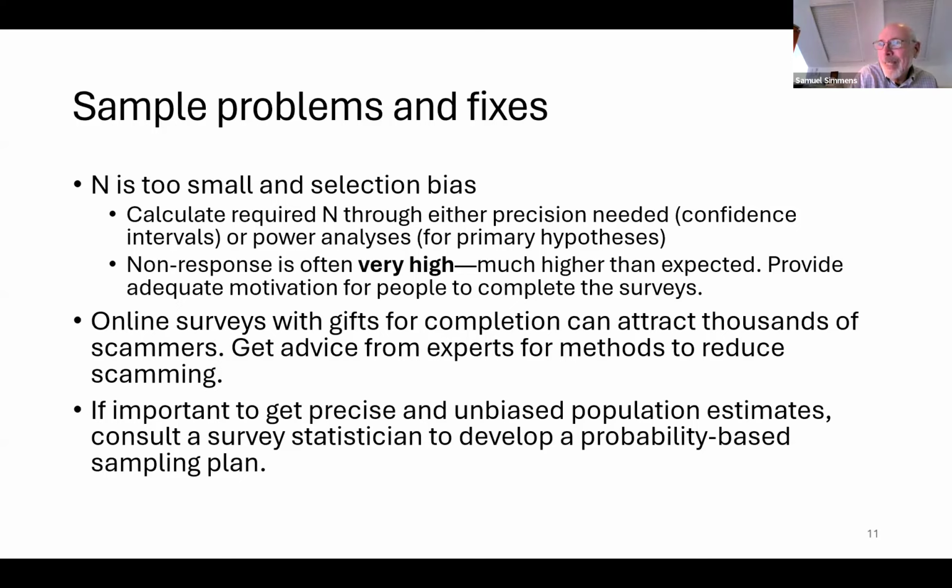And if you do need a population-based, unbiased, precise estimate for a very defined population, for example, what is the proportion of people using PrEP who stick with it one year later, is it 29% or 78% or 23%, and you want that to be fairly precise, that's where you might want to consult a survey statistician to get a probability-based survey sampling plan.